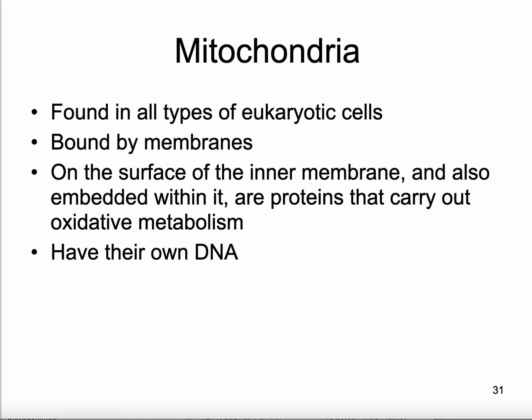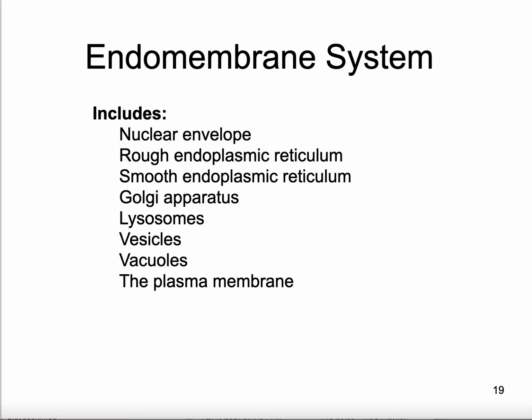Okay, that was it for the endomembrane system. Remember, the endomembrane system is the internal membrane system of the cell, and it includes all of these structures because all of their membranes, or all of their borders, are made out of phospholipid bilayer, so a double layer of phospholipids, tail to tail.